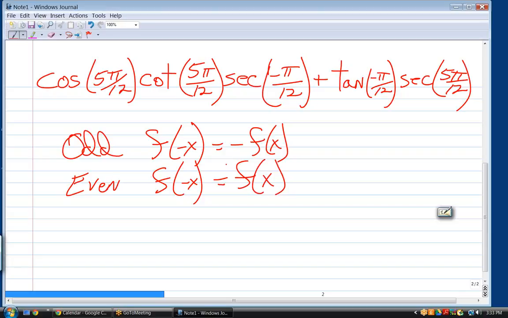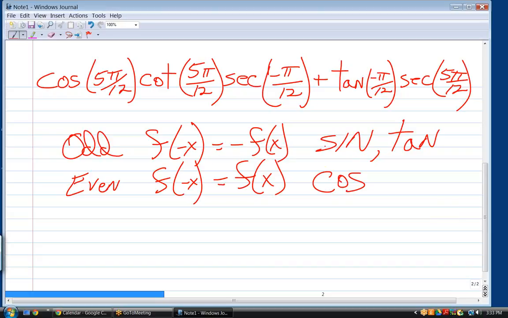An example of an odd function is sine. An example of an even function is cosine. In fact, sine and tangent are both odd, and the only even one is cosine. Now, when I say that, clearly the reciprocals also have to be the same.